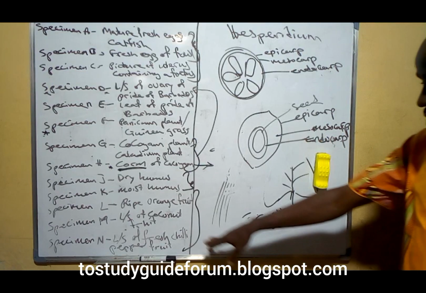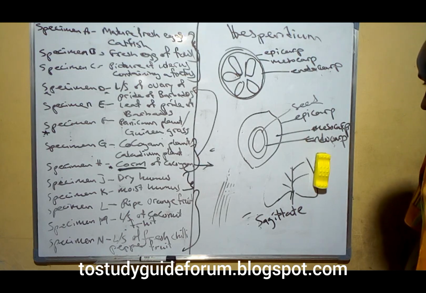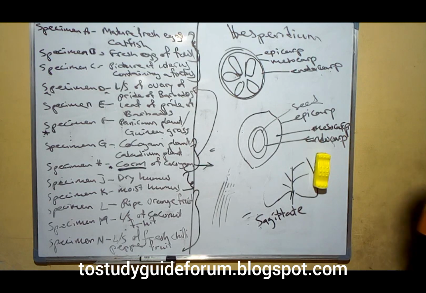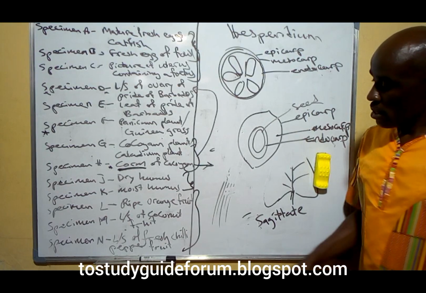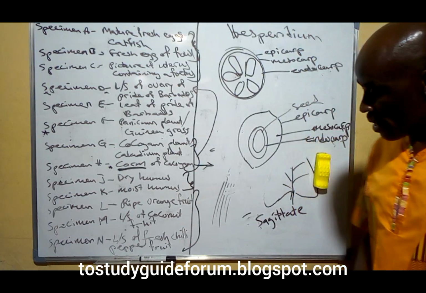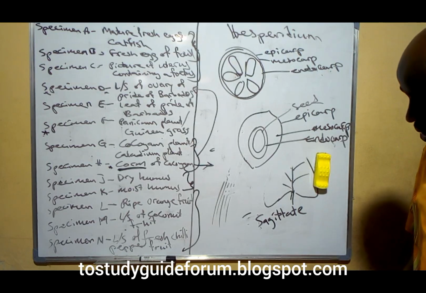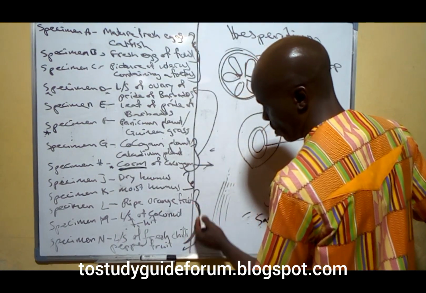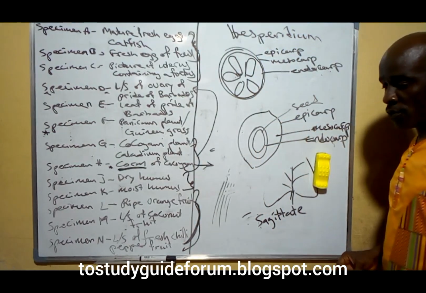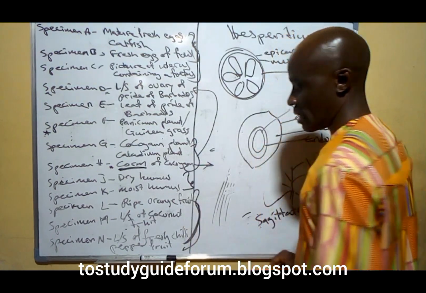The next one we have there is the chili pepper. Both of them come from the same fleshy fruits, the ones that are succulent.